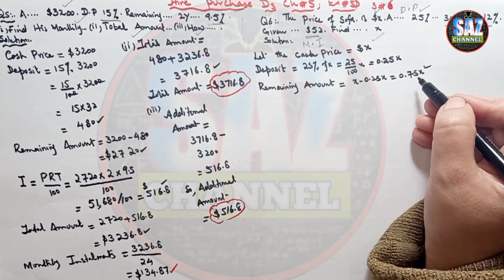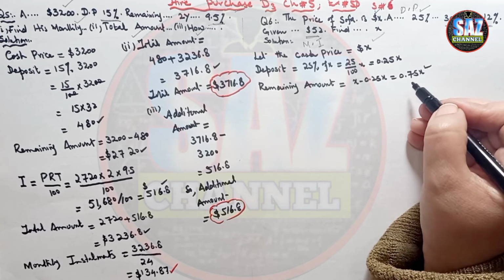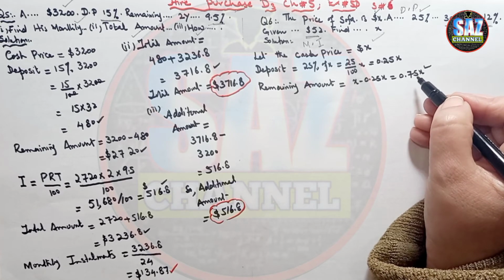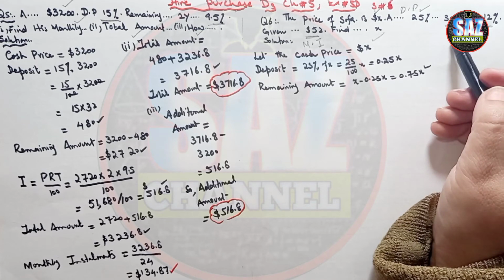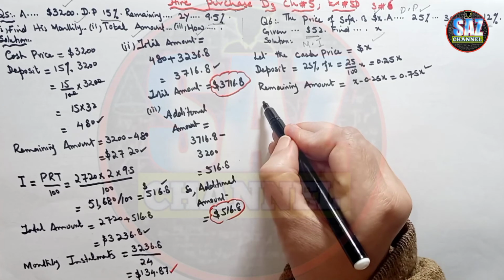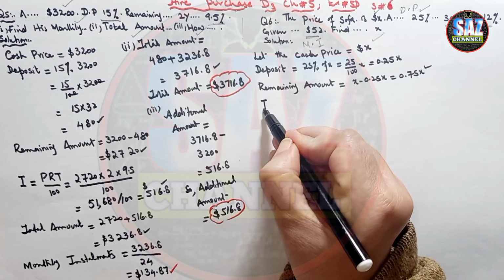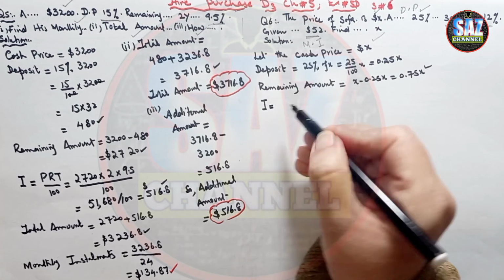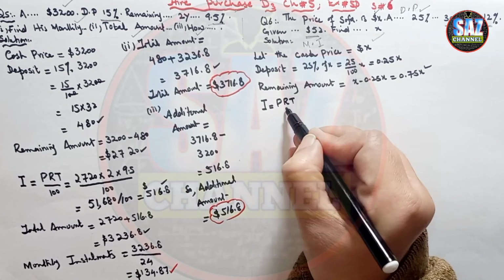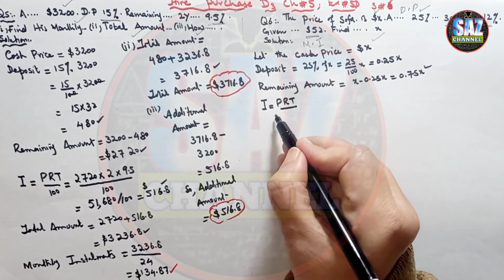Now what he is doing on this amount, he is not paying the complete amount at once. He is returning this amount in 30 months with 12% simple interest. So first of all, I have to find how much he is paying as interest on this amount. I have to use the formula I equals PRT upon 100.